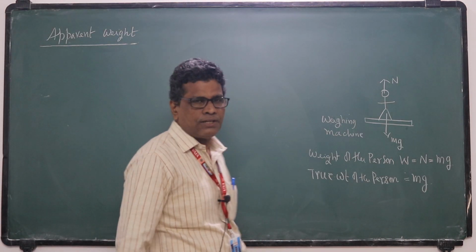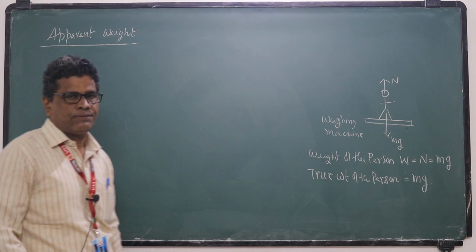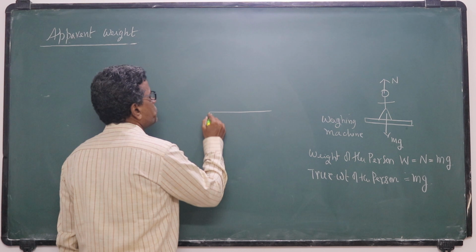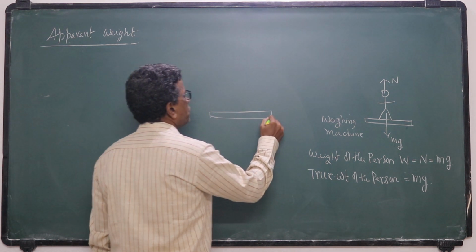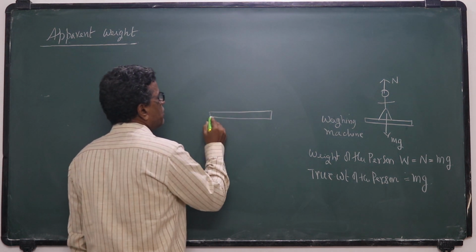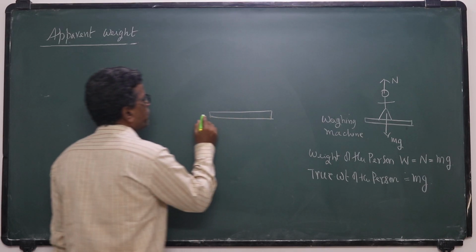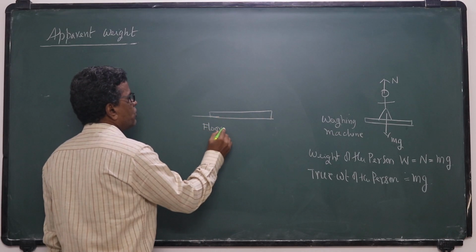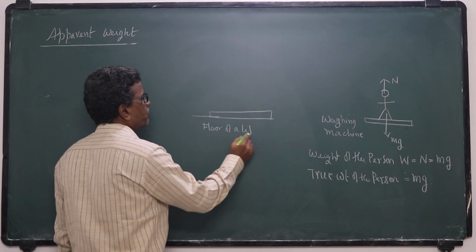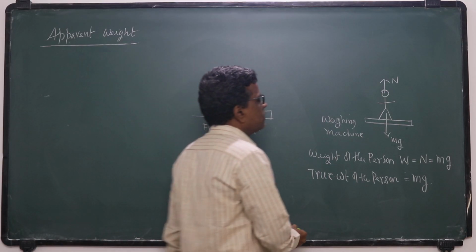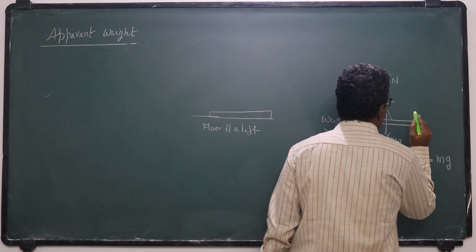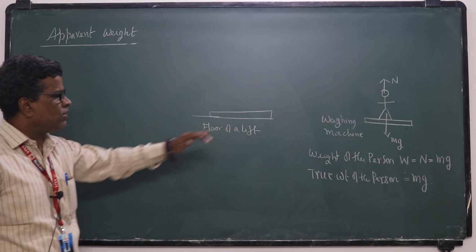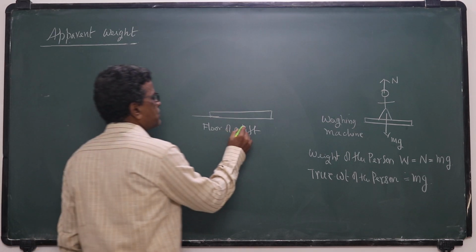Suppose this weighing machine is placed on a lift. So case 2. Now this weighing machine is kept on the floor of a lift, placed on the floor of the lift, that is at rest.